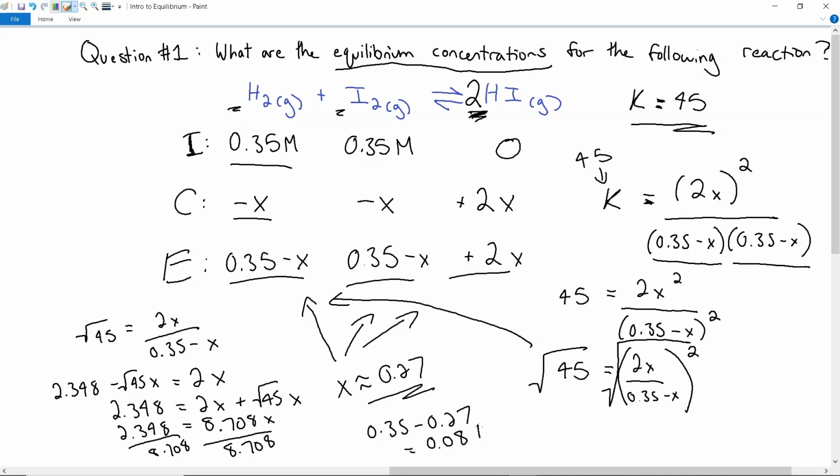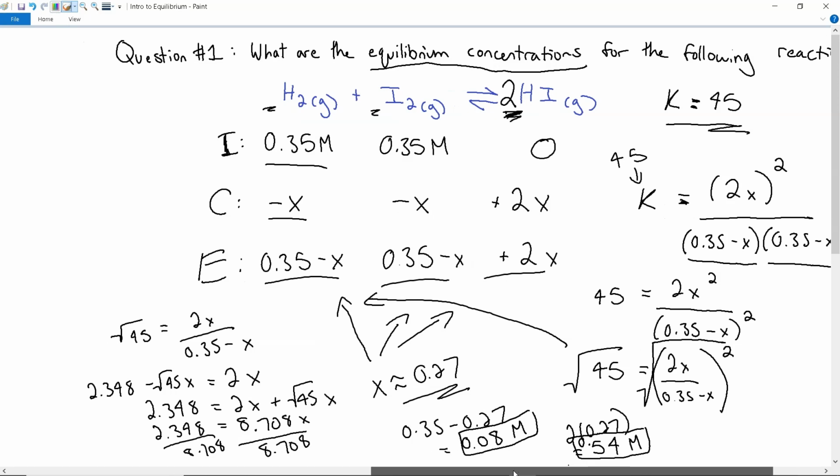And that would be the answer for both hydrogen and iodine. And then for hydrogen iodide, we just need to multiply that by 2, which will give us 0.54 molar. So that would be our equilibrium concentrations.